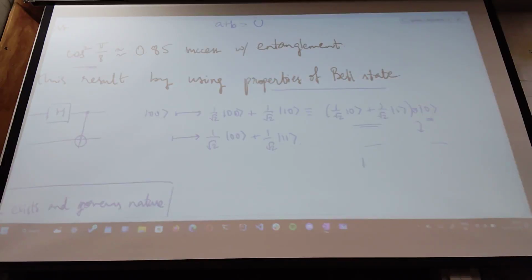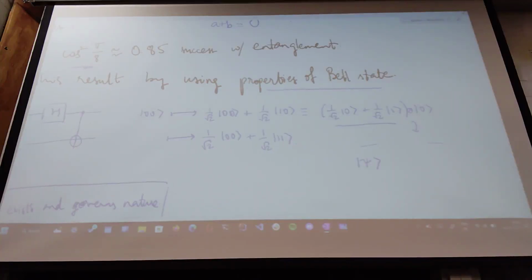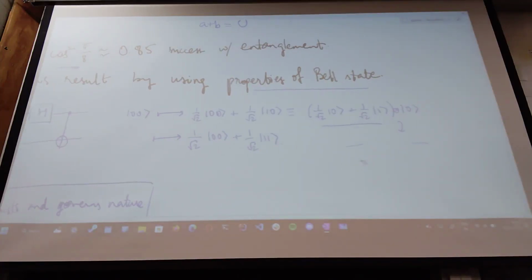So if you have an unknown state psi, like over here, and again this goes back to the very first session where I discussed that the state of this is actually known. It is exactly 0 plus 1 over square root 2. So you cannot clone an arbitrary quantum state, but if you have a known quantum state, you can prepare it in most cases.